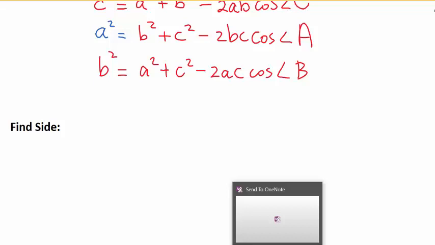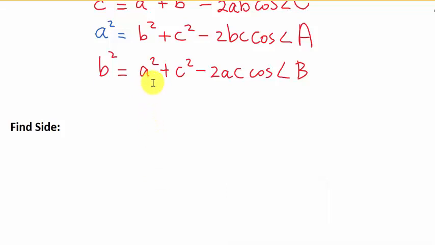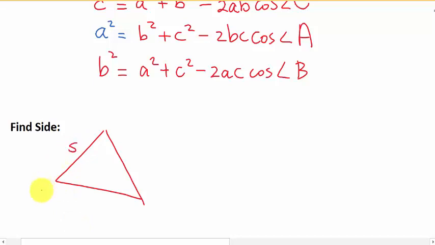So if you're looking for a side, how many pieces of information would you need? At least 3. And what 3 are those? You need this side, and this side, and this angle. So let's take a look at what it looks like. You need a side, and another side, and you need the angle that's opposite to the one I'm looking for.